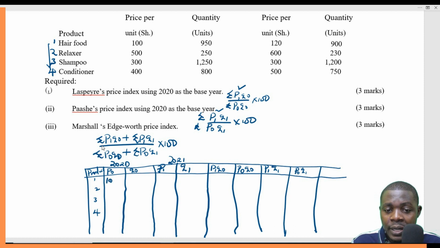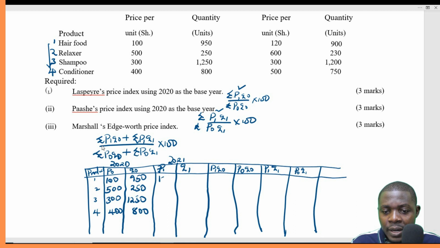We have 100, 500, 300, 400. Then here we have 950, 250, 1250, 800.